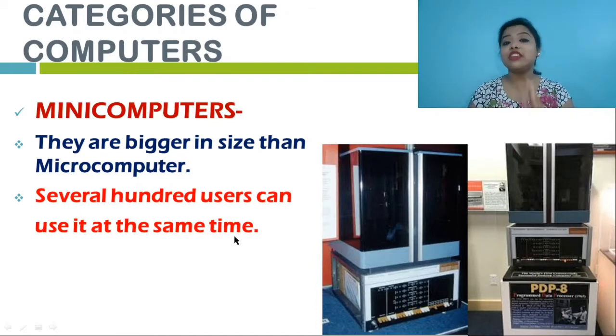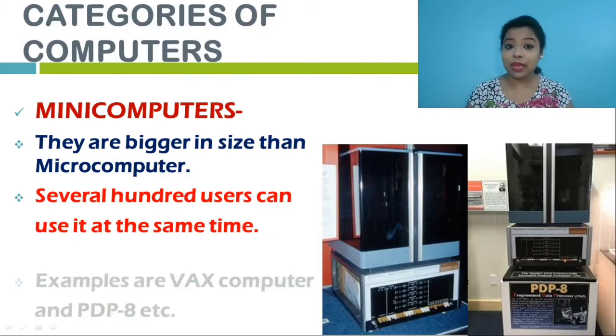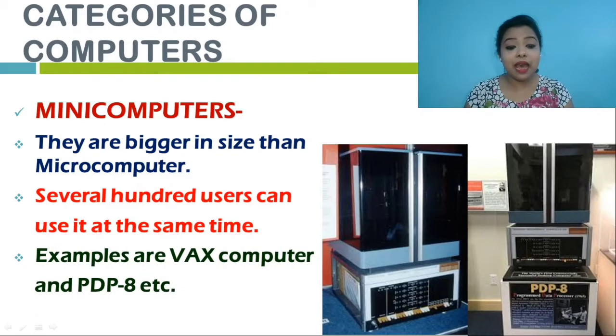So, more than 100 users can log in to this machine and use it at the same time. Now, examples are VAX computer and PDP-8, etc. So, this is the example of PDP-8. Okay, PDP stands for Program Data Processor. This is the picture of PDP-8.